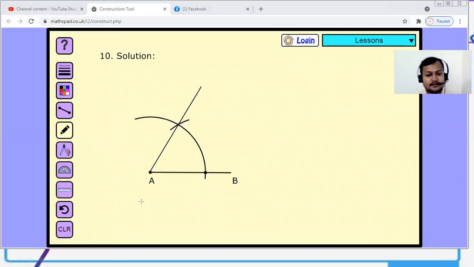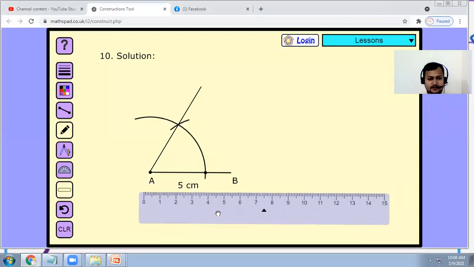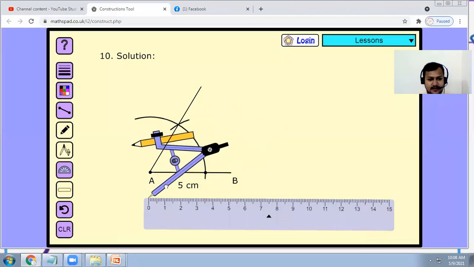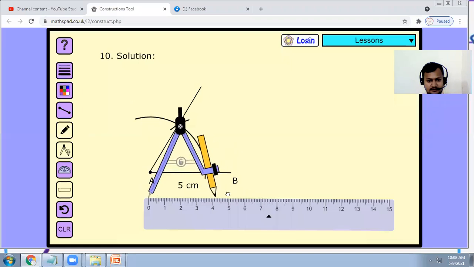Now what is the length of AD? Please check the question. This is 5 centimeter. And what is the length of AD? Forget it. It was 4.3, sorry. It was 4.3. So we have to take an arc of 4.3 in it. We have to take an arc of 4.3 on the scale. 4.3 centimeter.